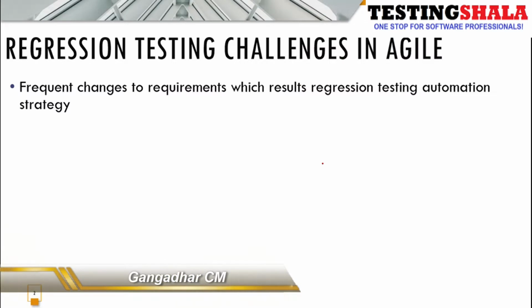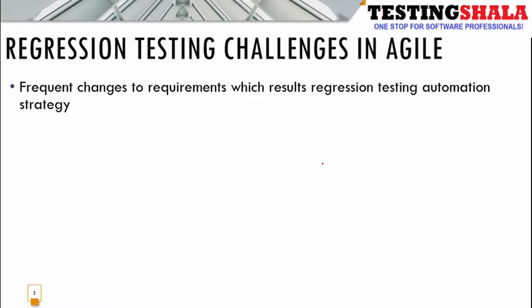The first challenge, especially in an agile project, is that the requirements are updated more frequently from sprint to sprint. We have no clue which requirements will get pushed to the next sprint, or which user story will newly come into the next sprint or the current sprint.